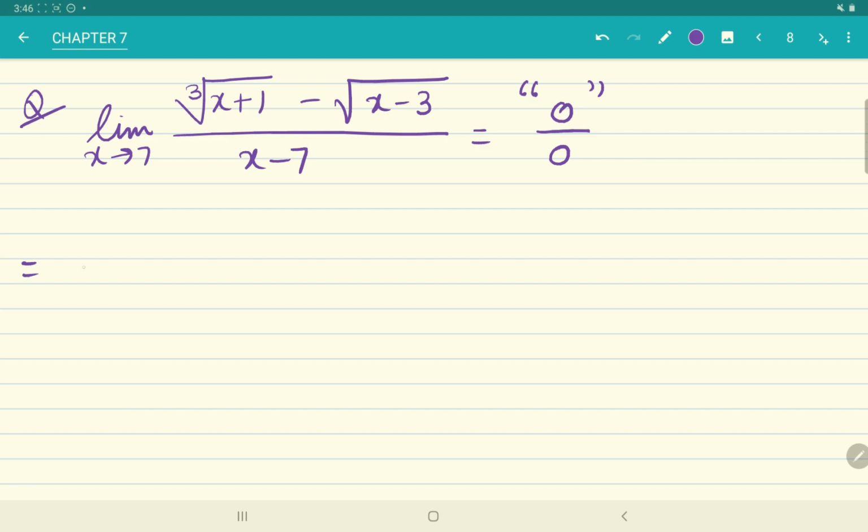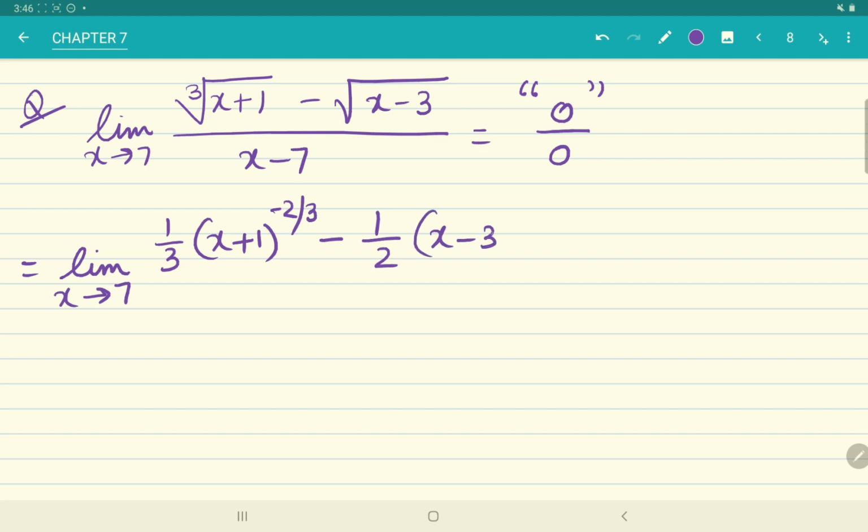The next thing to write is limit x tending to 7, and now you differentiate the numerator. I can write 1 by 3 (x plus 1) raised to the power minus 2 by 3, minus 1 by 2 (x minus 3) raised to the power minus 1 by 2, the whole of this divided by 1.